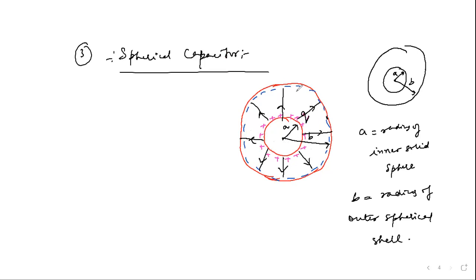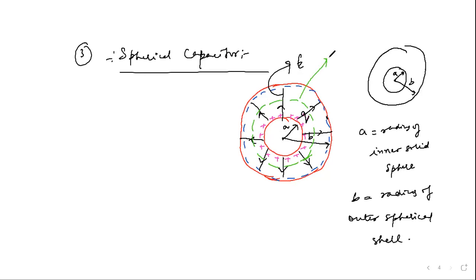So this is my electric field. Now we take a spherical Gaussian surface concentric with the spherical capacitor. So let this be my Gaussian surface.